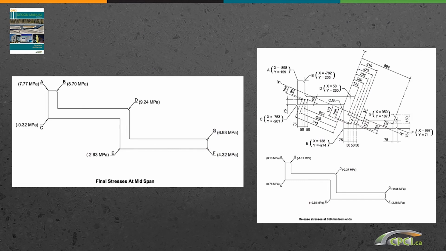Each one of them will have different coordinates, and will have different EX and EY, and therefore each and every one of them will have different final stresses, and also at release and also at service.